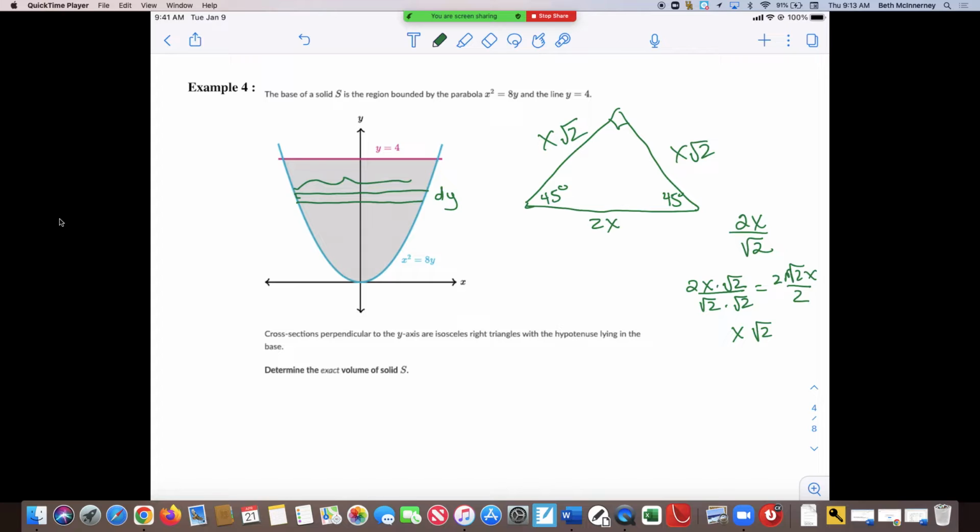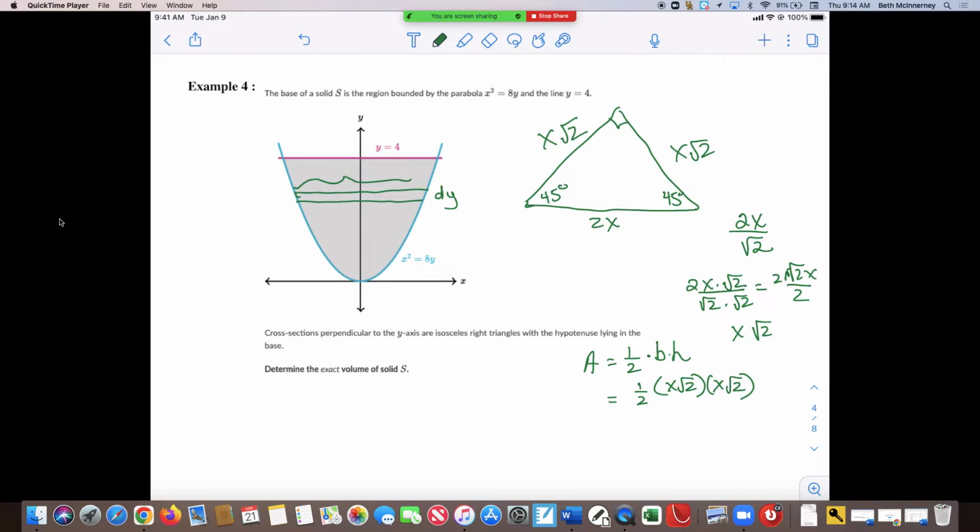But then let's think a moment. The area of a right triangle is 1/2 the base times the height. But that's x square root 2 times x square root 2.